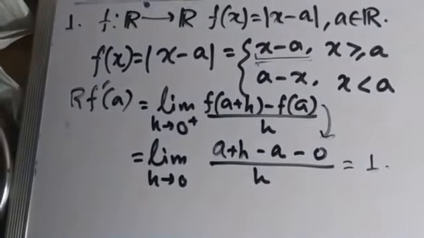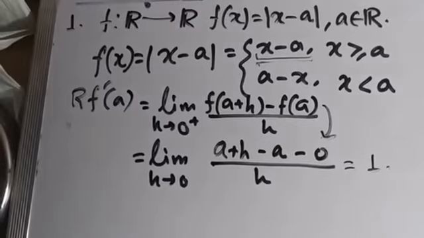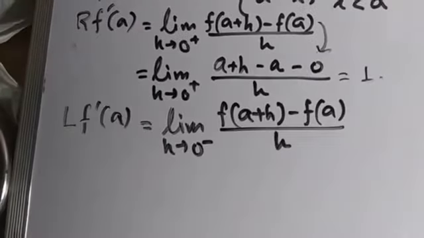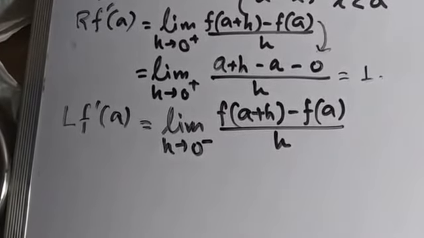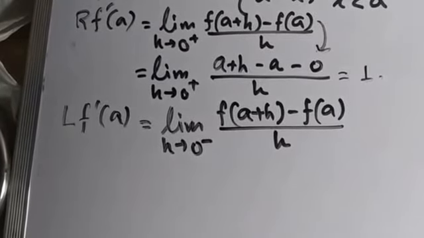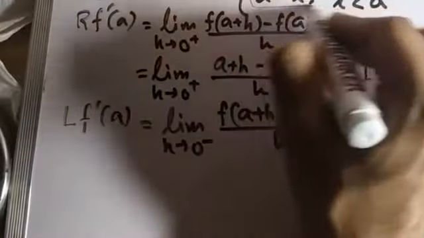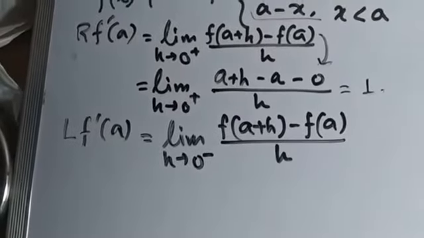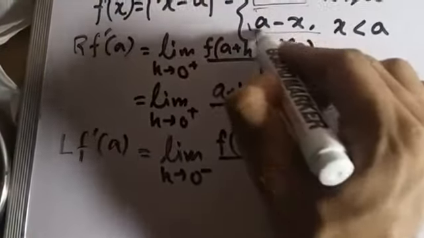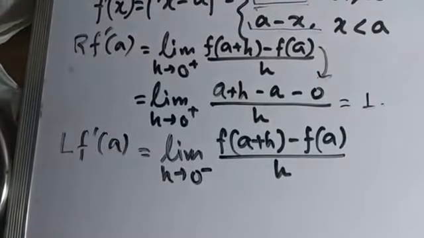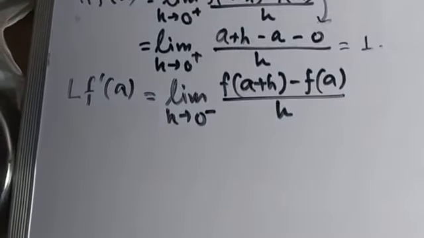So similarly we can calculate also the left hand limit, left hand derivative. So see what it will come. Now in case of left hand derivative we consider h as a negative quantity, so a plus h will be lesser than a, so we take the function definition as this, a minus x here. So what should be the value of f of a plus h here?